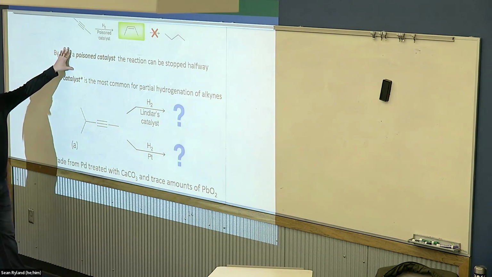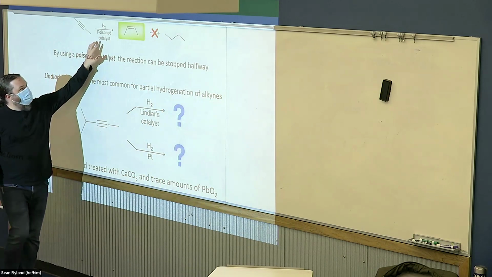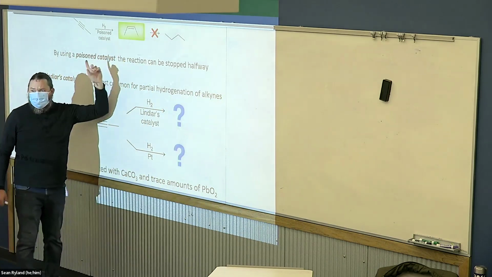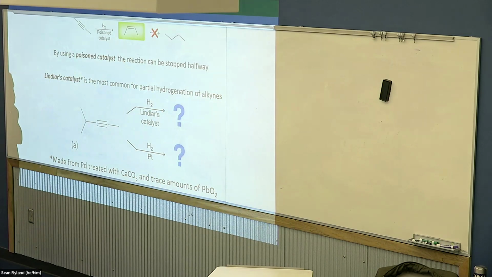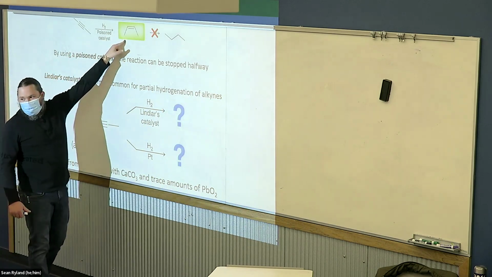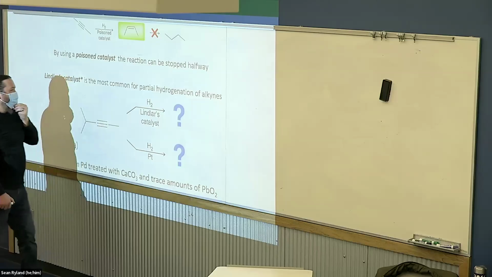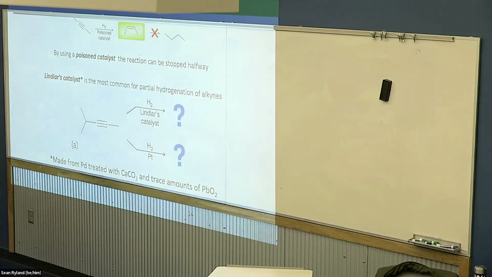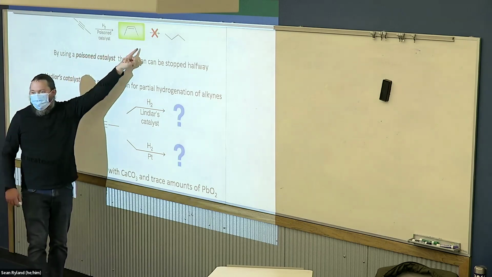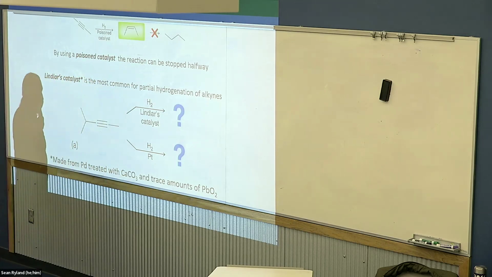The poison catalyst just means it's pretty good as a catalyst, but it's not so good that it takes you all the way. So even if you have excess hydrogen, you can't fully hydrogenate. It'll stop at the alkene if you use a poison catalyst. The alkyne is reactive enough that the poison catalyst works, but the alkene is not reactive enough for the poison catalyst to cause it to react.